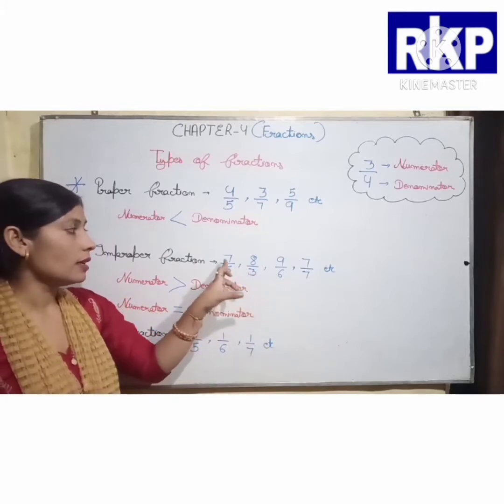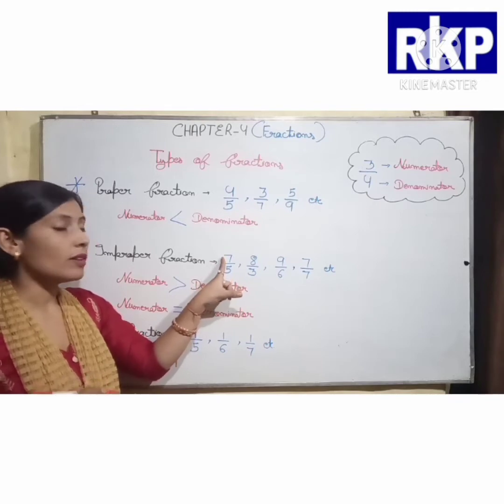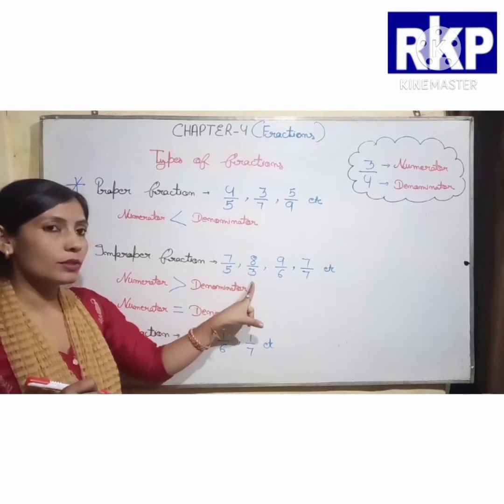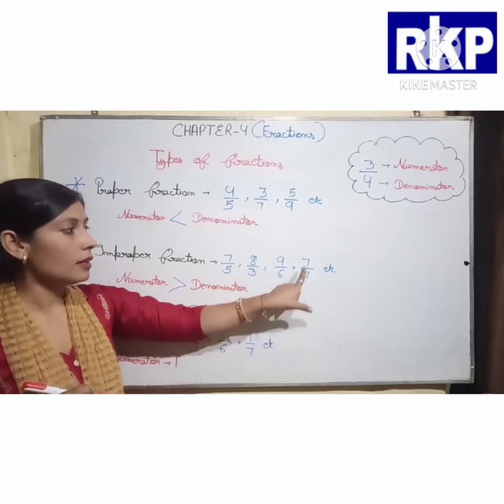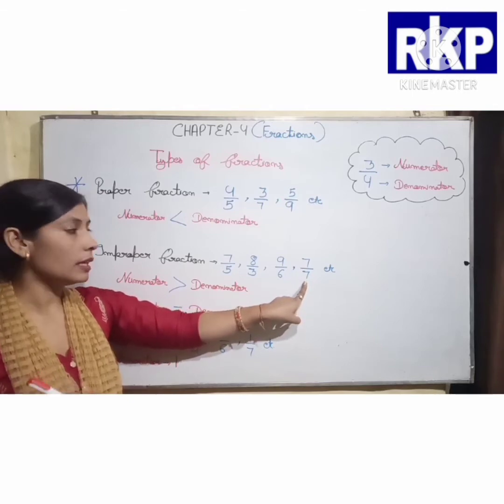Here you can see 7 by 5. 7 is numerator. 7 is greater than denominator. Here also and here also. And here you can see numerator and denominator both are equal.